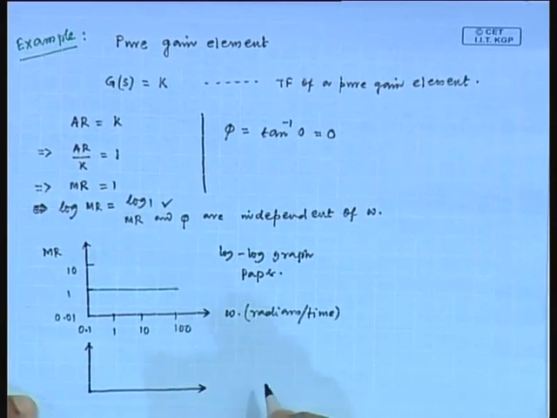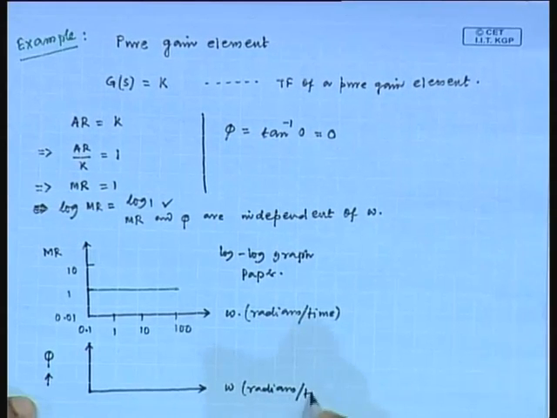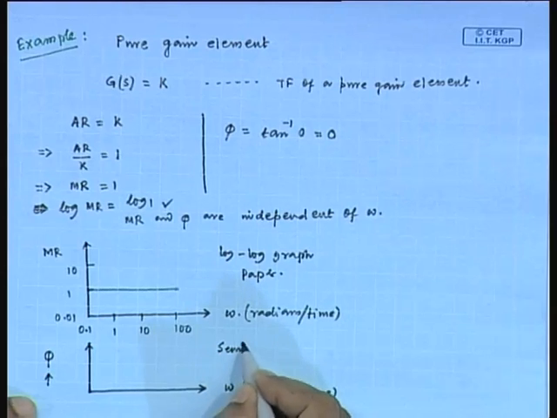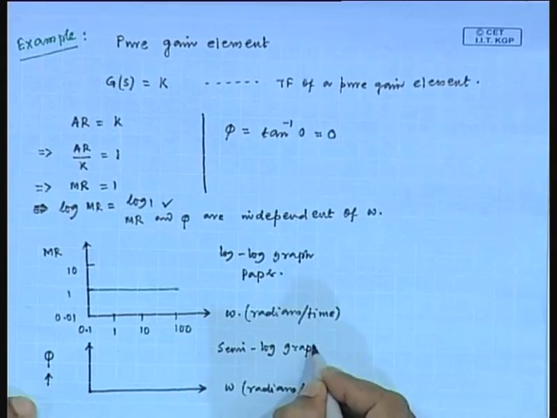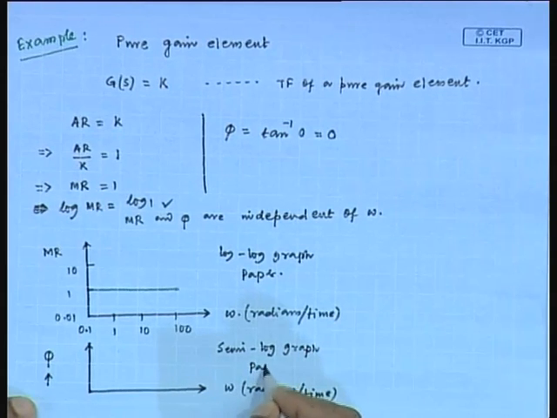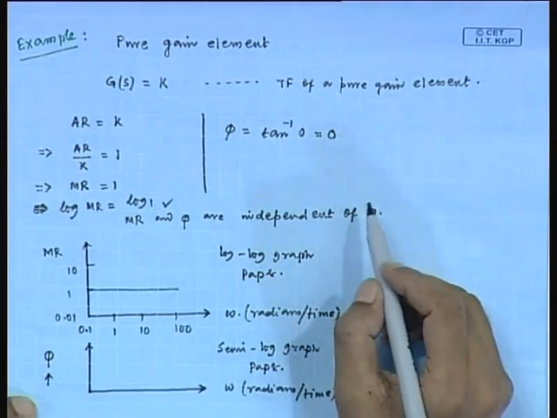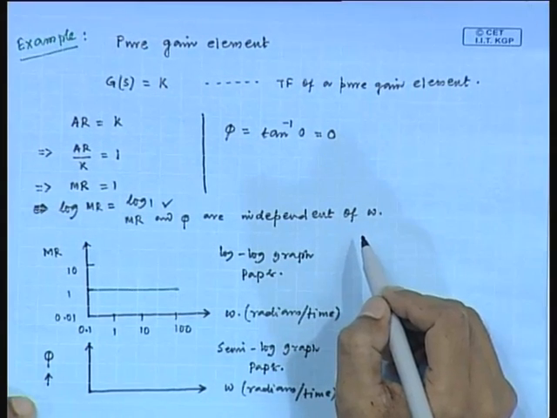Second plot is made between phi versus log omega. And remember, this is the semi-log graph paper. As commented, phi is independent of omega and that is equal to 0.